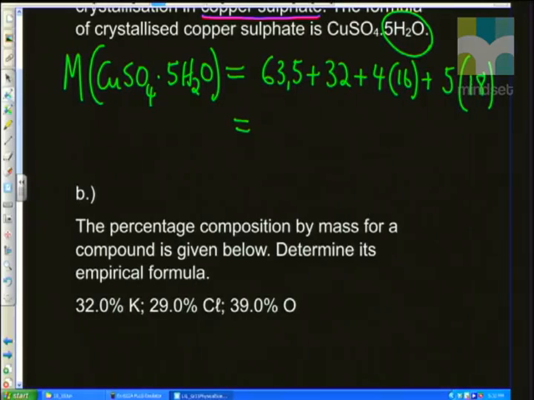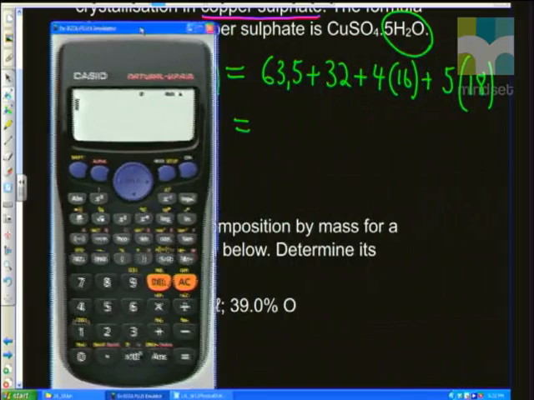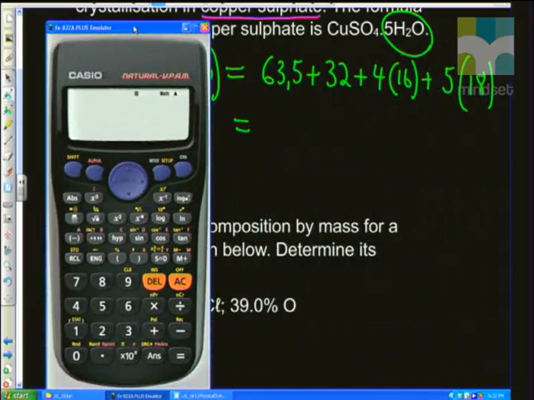When you work this one out, let's see here, 18 times 5, that's 90, so 4 times 16 is 64 plus 90 plus 32 plus 63.5.